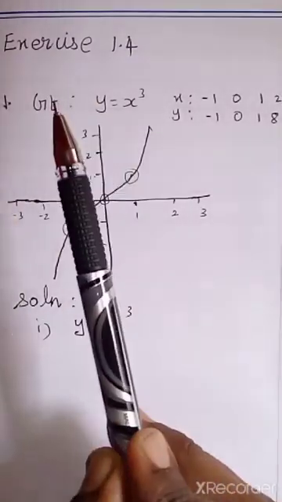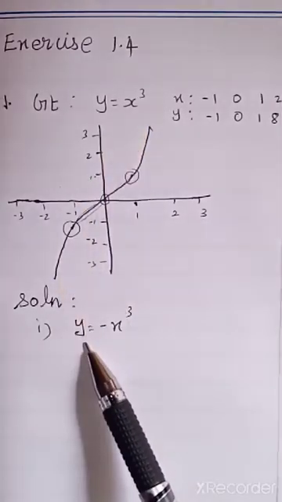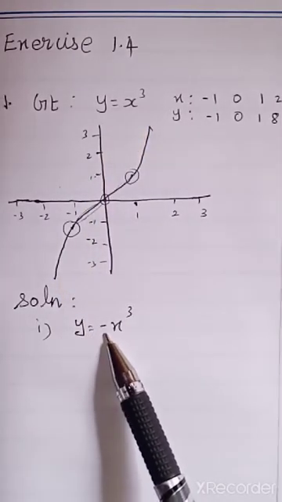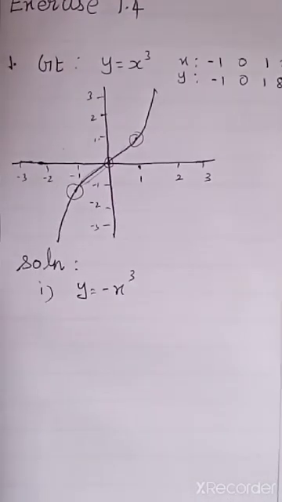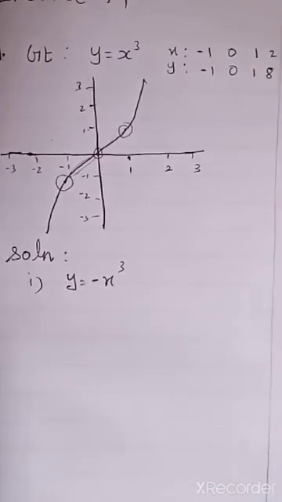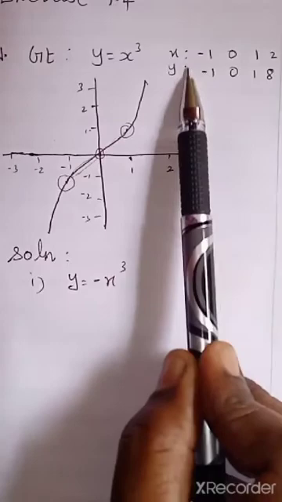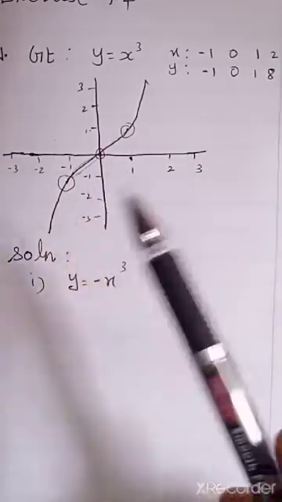So y equal to x cube is your function, and y equal to minus x cube has a minus added to the function, so we have to use a reflection graph. I told you about reflection. Hereafter, no need to plot these points; directly you can use the types of transformation and draw the graph.